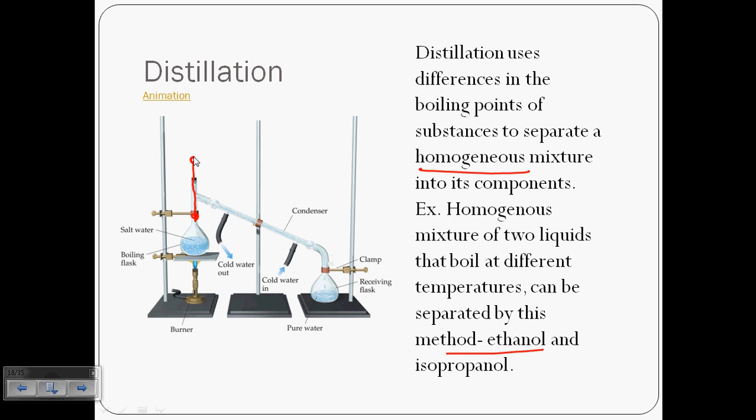And you see, as long as the temperature is constant, the first substance is being collected here. When the temperature starts rising again, you remove this flask, put another flask in there to collect your second liquid. In this case, where you have salt water, only water will boil off and salt will remain in this flask. If you had two liquids, then the first, lower boiling liquid will boil off, then the higher boiling liquid will boil off. This is a great animation to look at distillation and how it works.